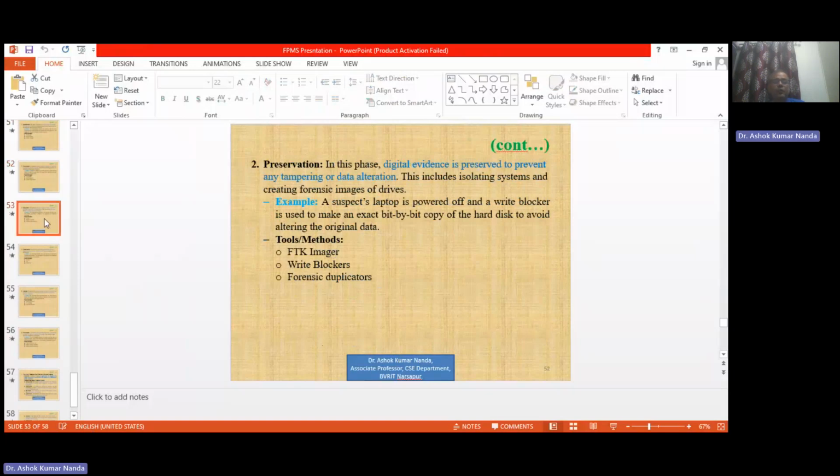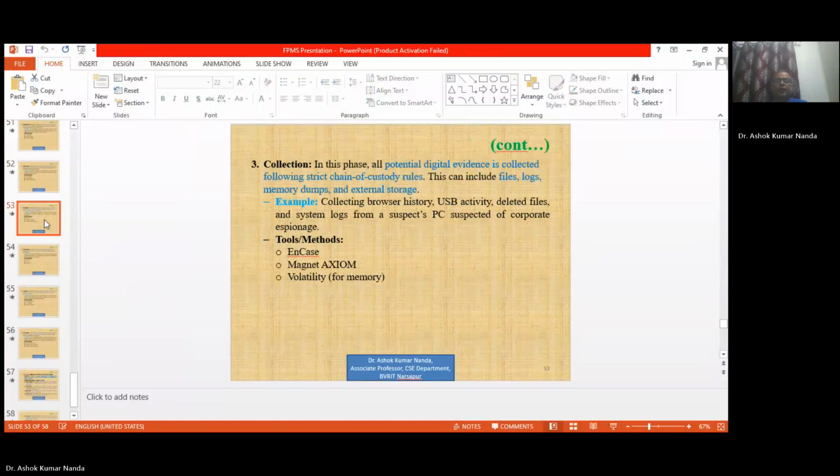Now come to the third phase, that is collection. In this phase, all potential digital evidence is collected following strict chain of custody rules. This includes files, logs, memory dumps, and external storage.